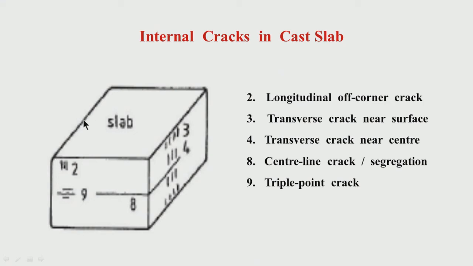If it is on the surface, it is a surface crack. If it is interior somewhere here, at the subsurface location, then we call it corner longitudinal crack internal location. So, these are the locations where you can have internal crack.